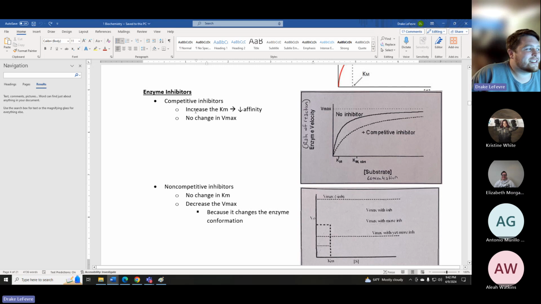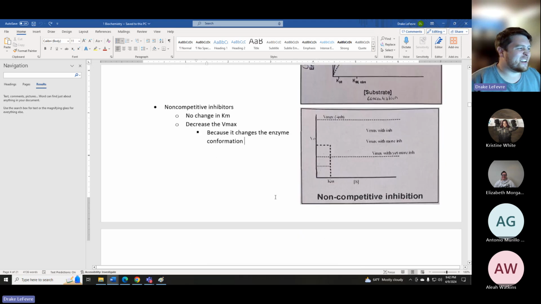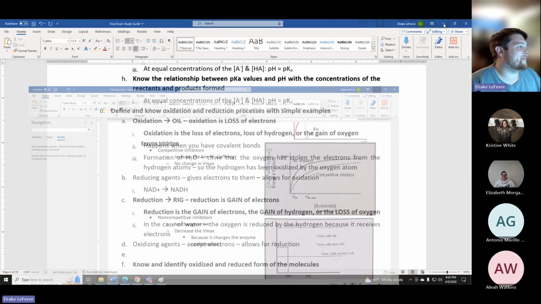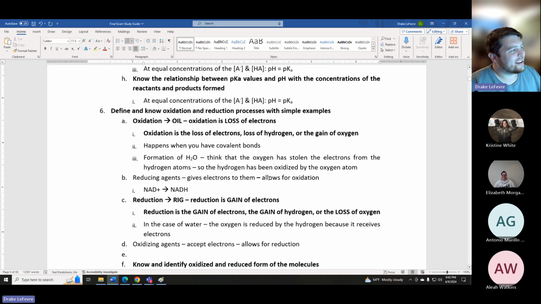Competitive inhibitors increase the KM. You have decreased affinity. Non-competitive inhibitors, no change in KM, decrease the Vmax. That's really all you need to know. So do with that what you will.